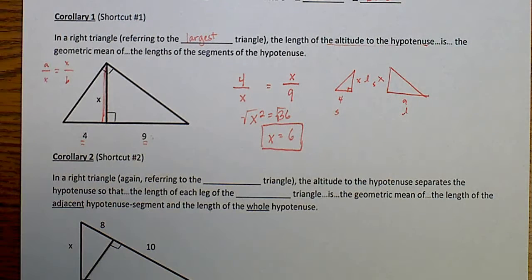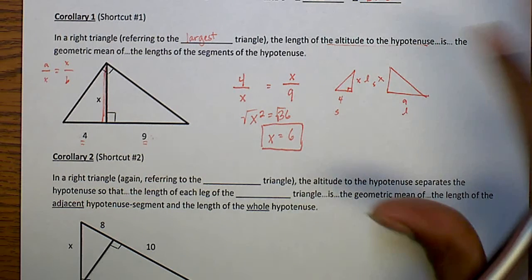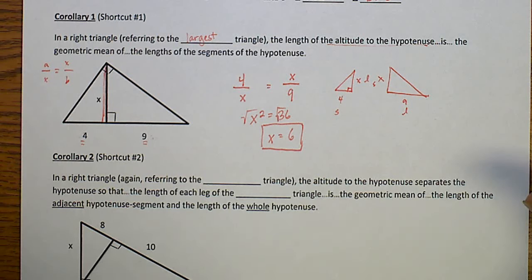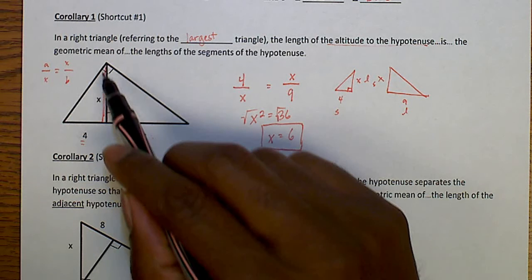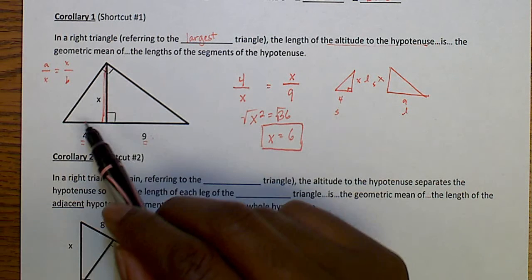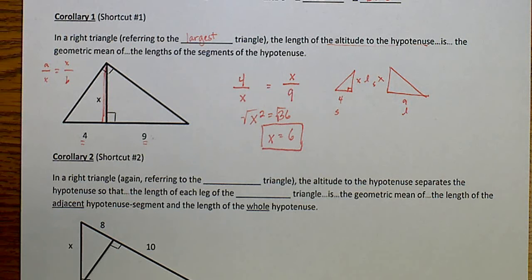We don't have to redraw and do all that now, because we know that this altitude to the hypotenuse has to be the geometric mean between the two segments of the hypotenuse. So that should make our life a little bit easier. We'll look at some other ways to do that.